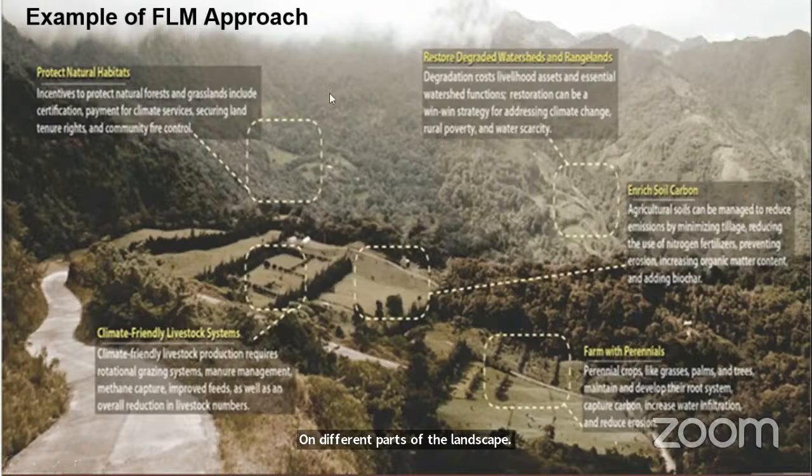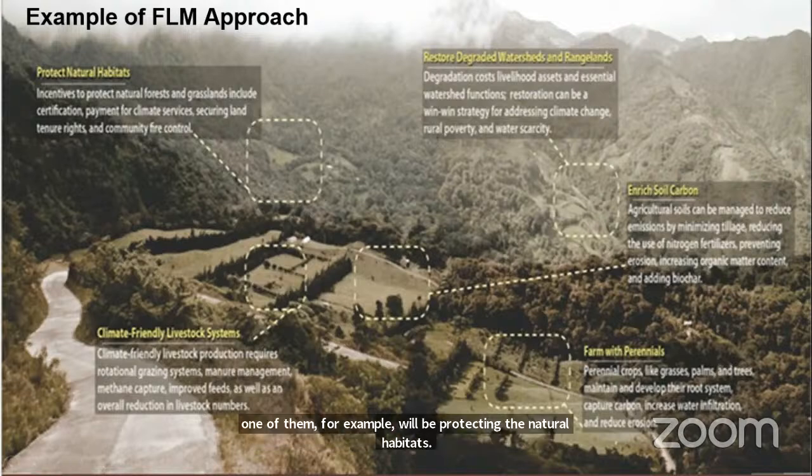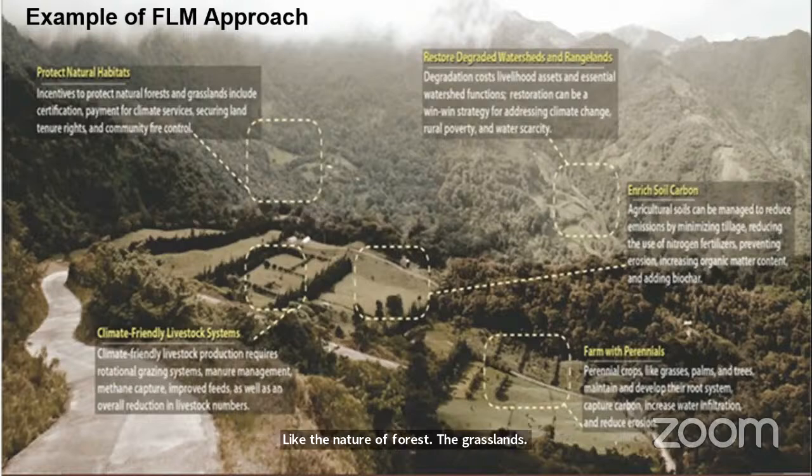One of them is protecting natural habitats, like natural forests and grasslands, through various ways to ensure that they continue providing the various ecosystem services.